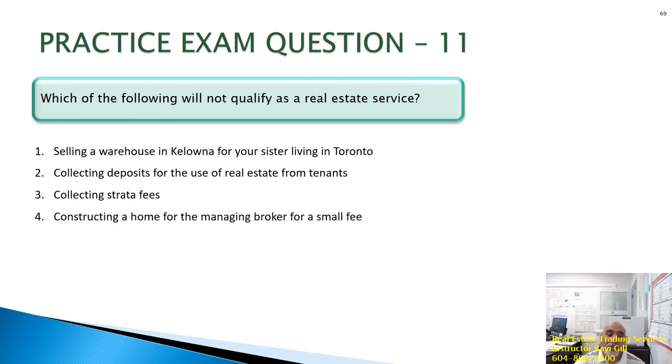So if this is changed around, selling a warehouse in Toronto for your sister living in Kelowna would be an incorrect statement, because your license is only for selling, buying, trading, leasing properties, residential, commercial and industrial, in British Columbia. It doesn't matter where that person's living.